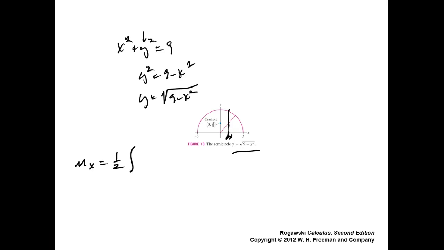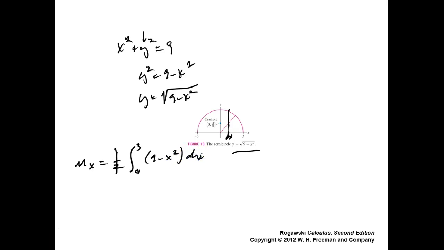Let's try it and see if we get it. I see no reason not to just do 0 to 3 and double it. So if you double it, you wipe out the 1/2 then, right? So it'll be 0 to 3 of the square of that y, but y is the square root, so that's going to be 9 minus x squared dx.